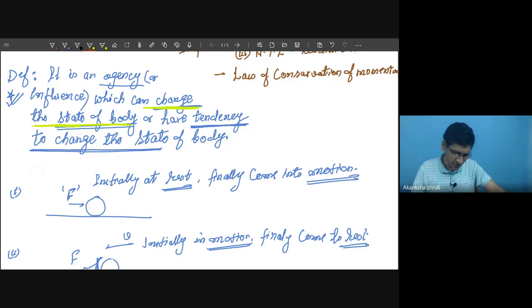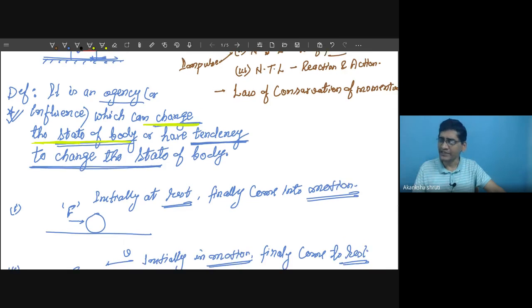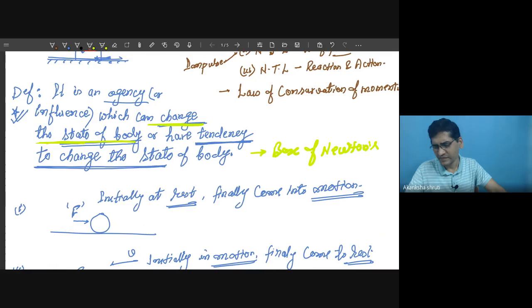So force is also defined in terms of inertia itself, or Newton's first law itself gives the definition of force. So this definition is the base of Newton's first law.